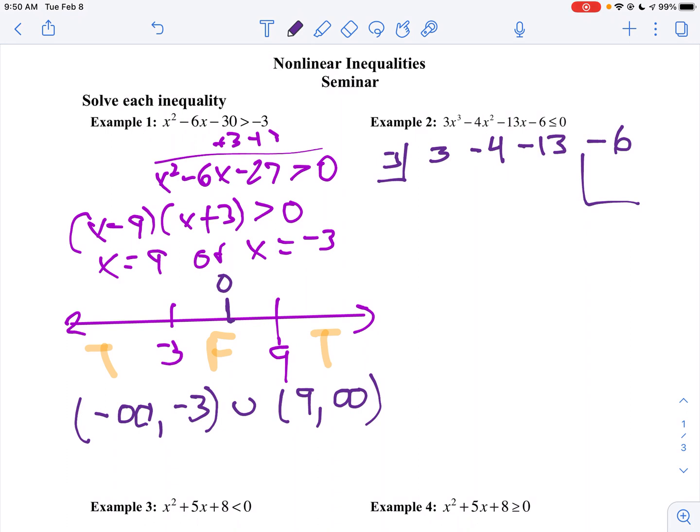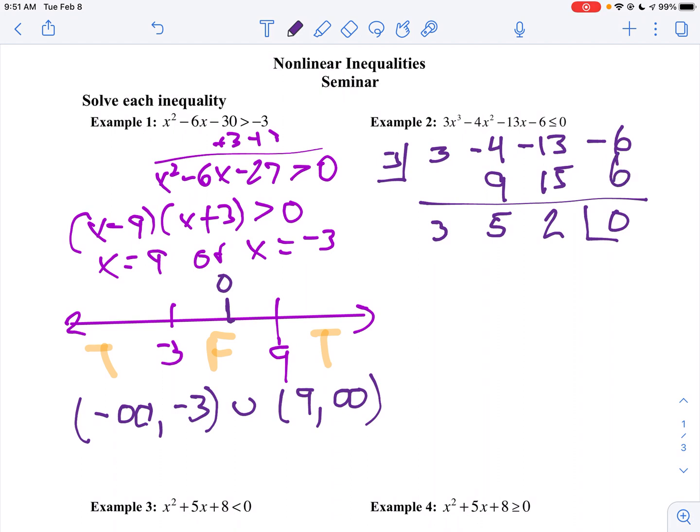Draw my line. I should get a 0 here. So bring down the 3. 3 times 3 is 9. 9 minus 4 is 5. 5 times 3 is 15. 15 minus 13 is 2. And then I get 2 times 3 is 6. Oh, look how nice that works out.